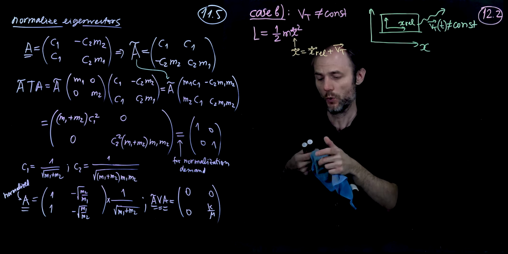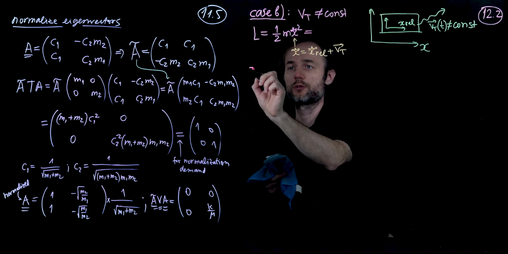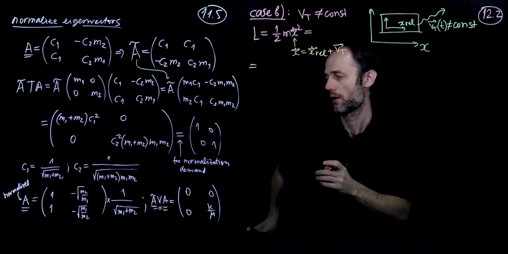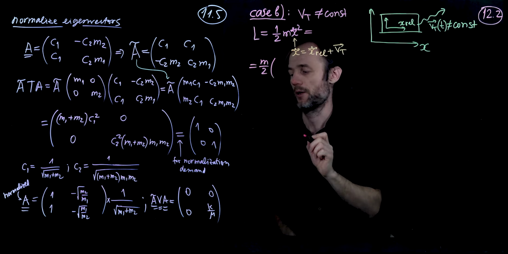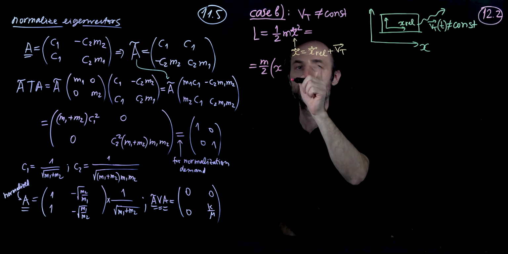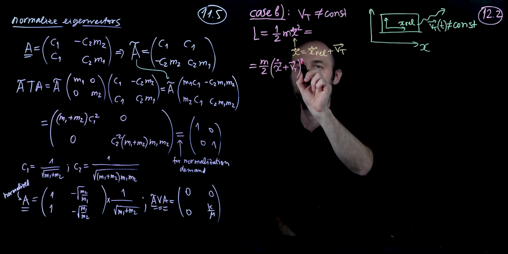So then we can continue this expression over to here, and we're going to be able to write down that L is equal to m over 2 times x rel dot plus v train, squared.